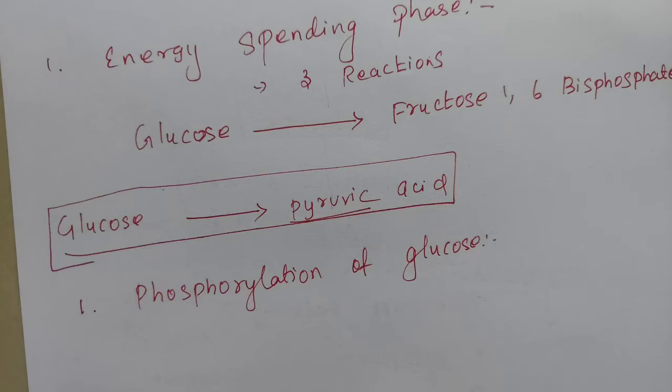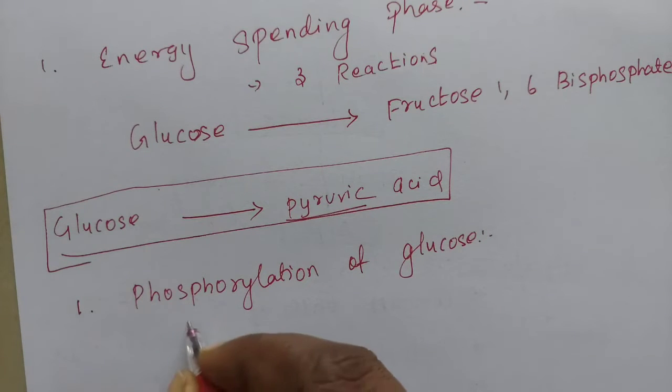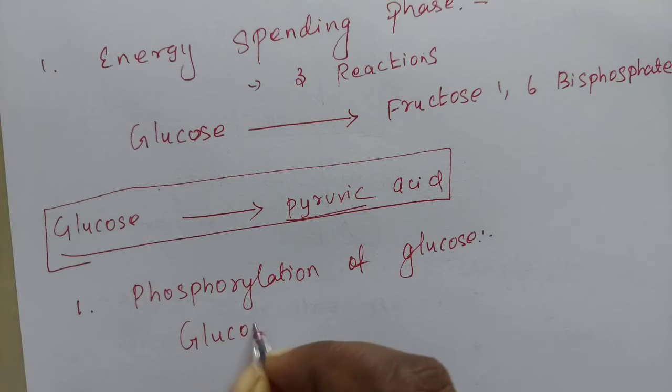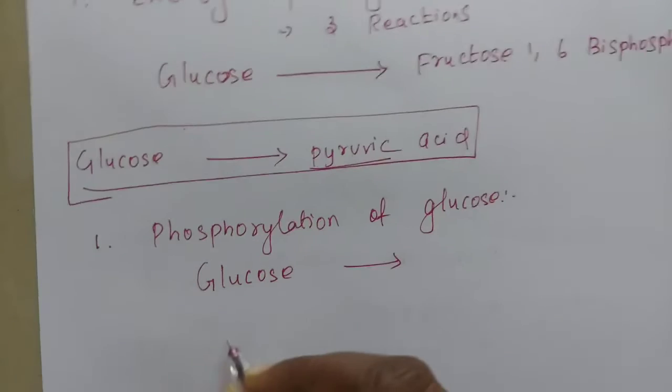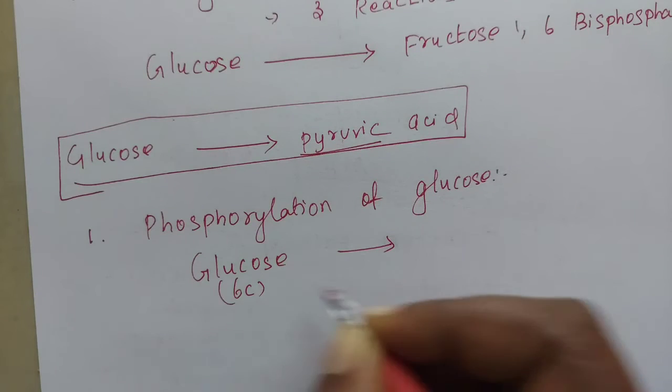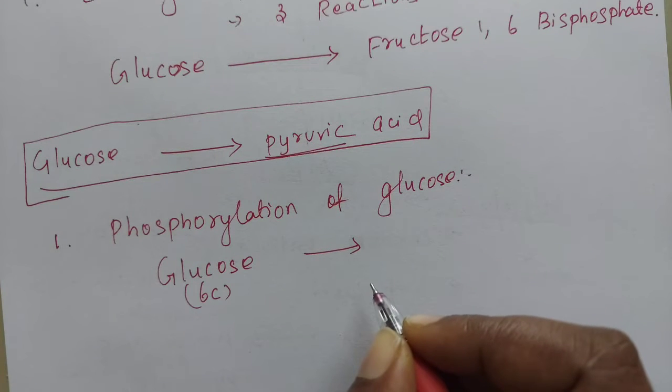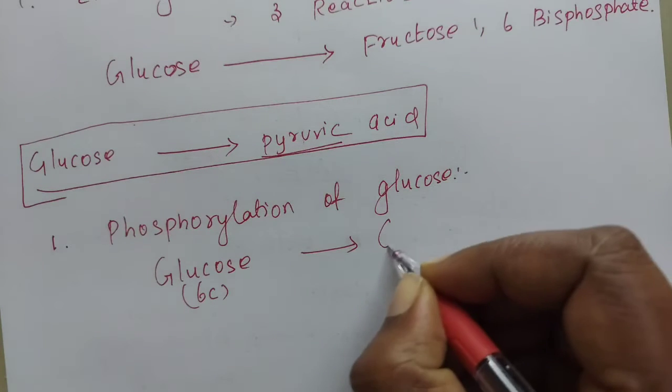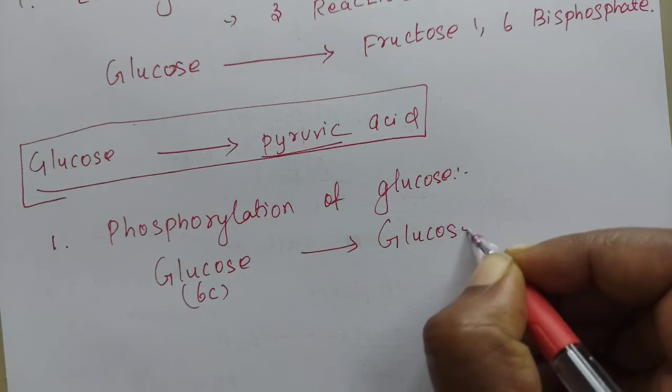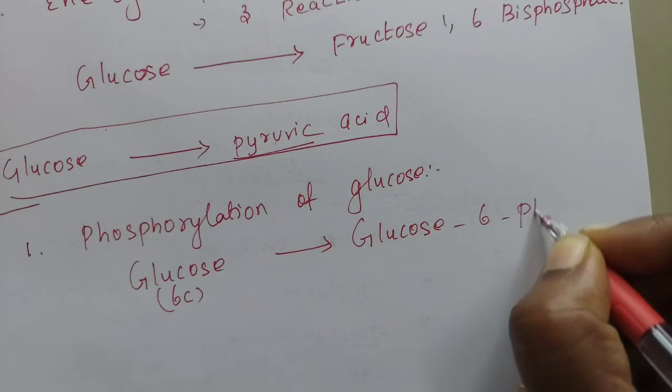Glucose is phosphorylated to glucose 6-phosphate by consuming energy with the help of ATP, and it produces glucose 6-phosphate. So the first step is the conversion of glucose, which is a 6-carbon compound, being phosphorylated into glucose 6-phosphate.